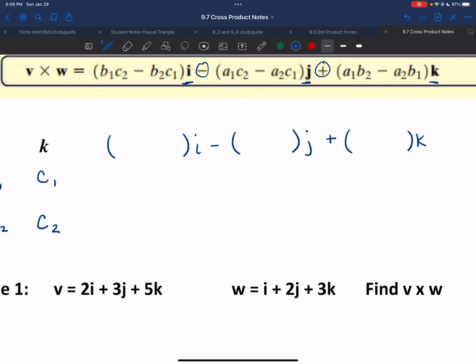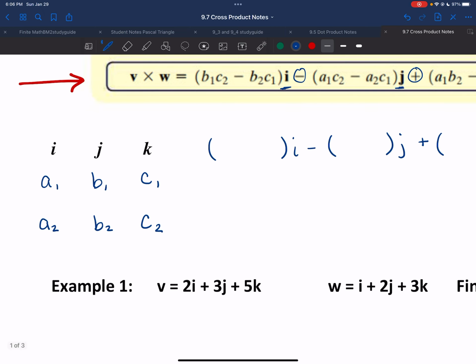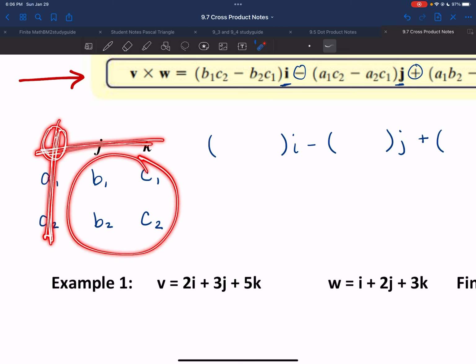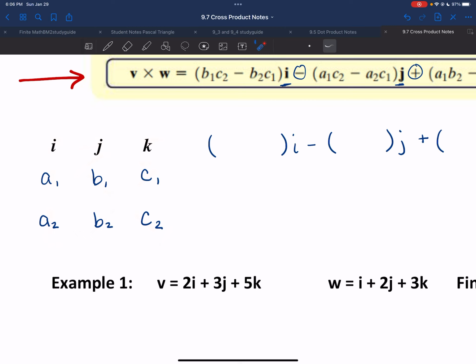When I have a cross product and I'm looking at my i, I essentially cross out everything related to i, and I'm left with these items. Then I'm going to do a cross. Since i is off limits, I'm only going to be looking at these values.